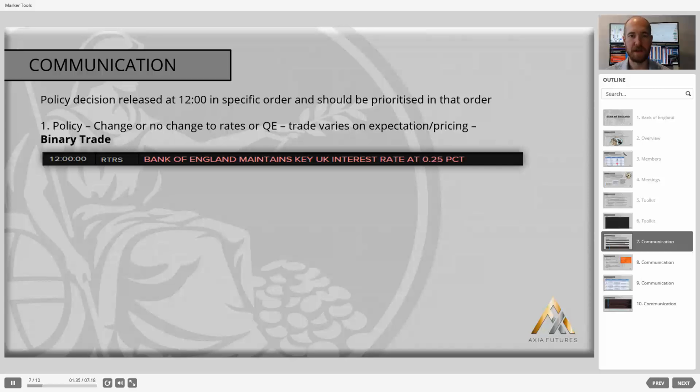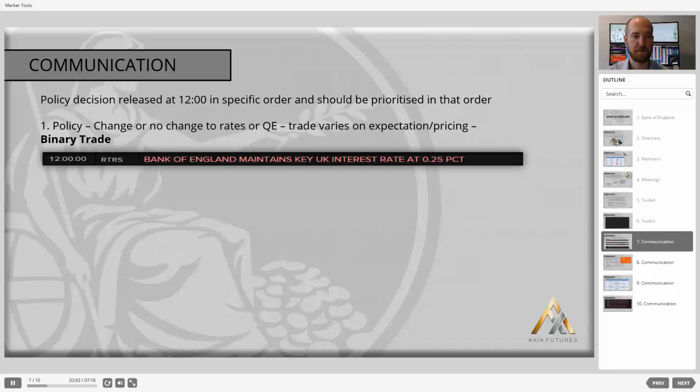Now, the key thing with this trade is that it's all about the expectations going into it. If the market is expecting a hike, then the surprise is not the hike. The surprise would be the unchanged. So you will only have one option trade there. It's either going to be do nothing if there is a hike, or there's going to be a trade on the no change in rates. So that's your first area, and that comes down first.